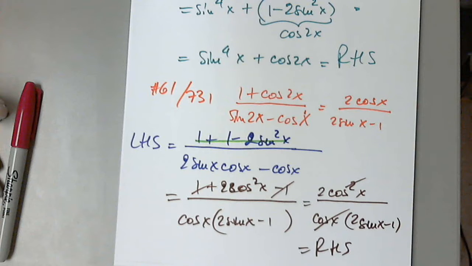So that is not necessary. It's not wrong, but it's not helpful here. So I better change cosine twice x into 2 cosine squared minus 1. I simplify 1 with negative 1 because they cancel out. And then I have 2 cosine squared. There is a cosine squared now, and once you simplify, you immediately get the right-hand side.